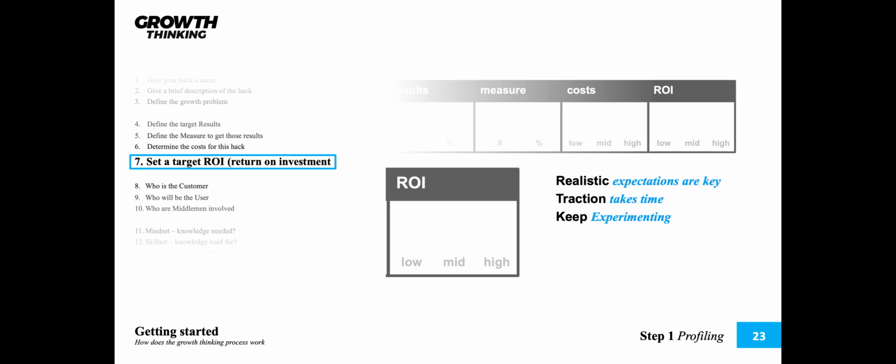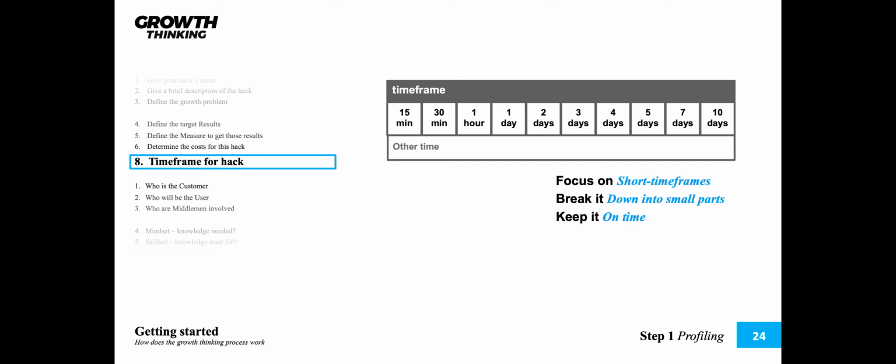So the best way that I do this, and this is the standard I work with, is it's better to record the result after it's done to see where it actually lands rather than setting a target ROI. And that allows your learning to be on a completely different level rather than just missing a target or completely exceeding the target. That's not what we're looking for. We're trying to get to something that's realistic, that can get traction, and something that we can keep experimenting with and repeating so we can continuously get the return on investment.